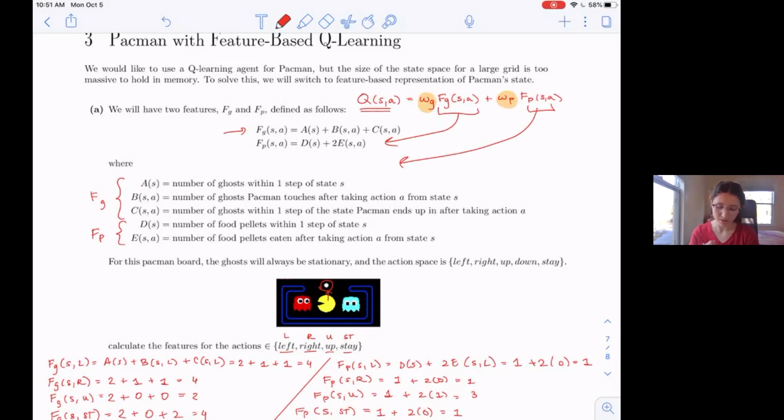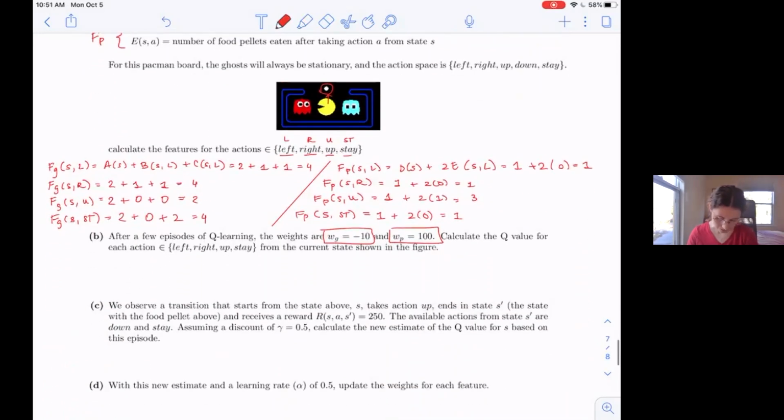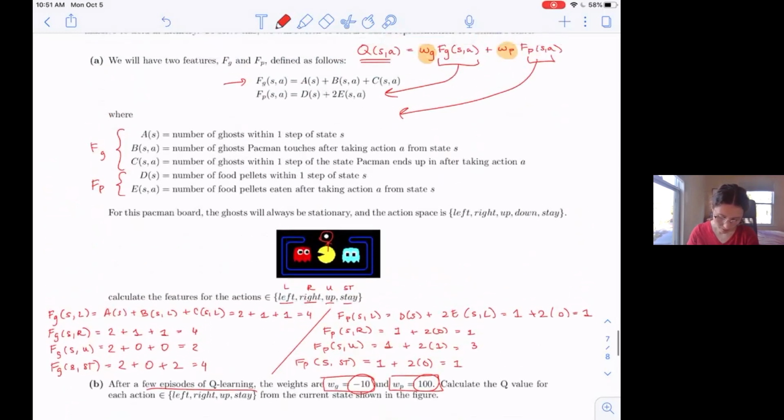So what Q learning is going to be doing is updating the value of these weights, WG and WP, based on some kind of observations of the agent. And so let's take a look now at this part B here. We've been told that we've been running Q learning, and after several of these episodes, we have discovered that WG so far seems to be -10 and WP seems to be 100.